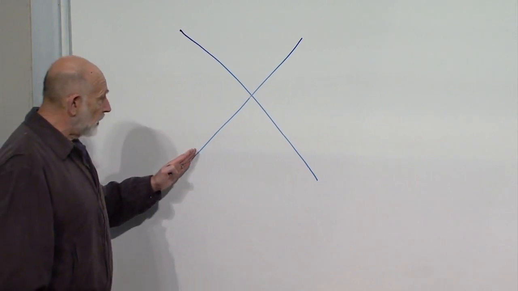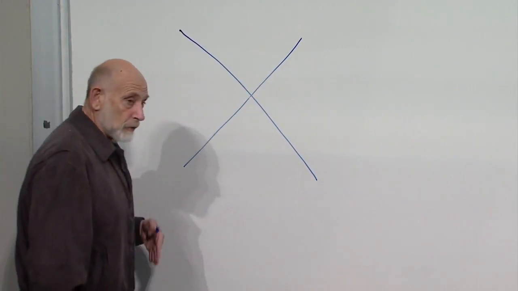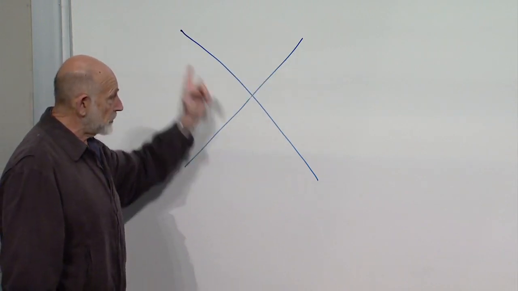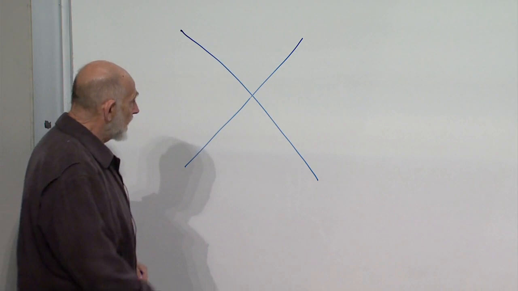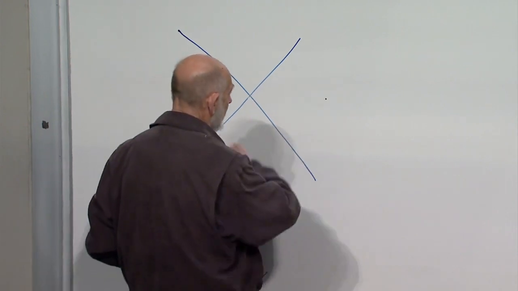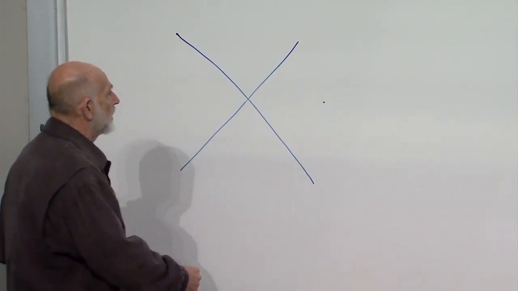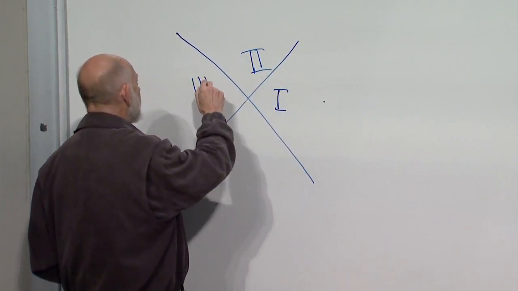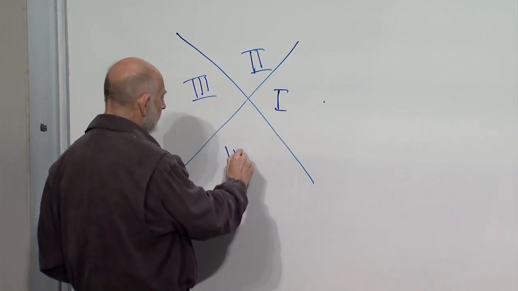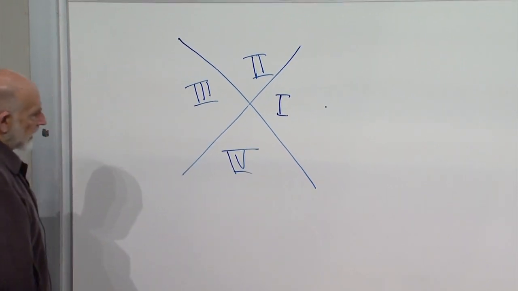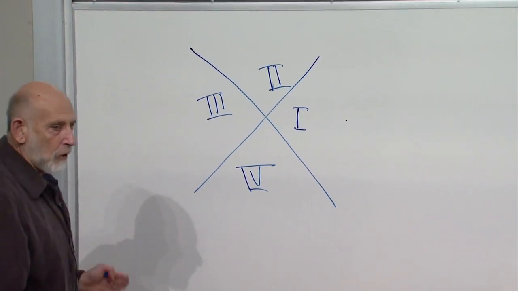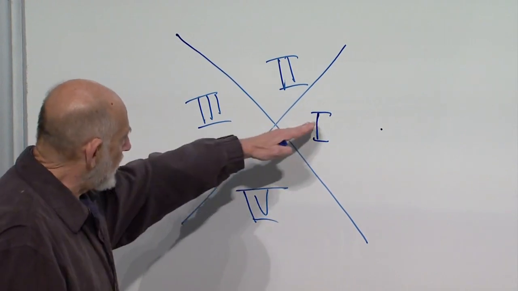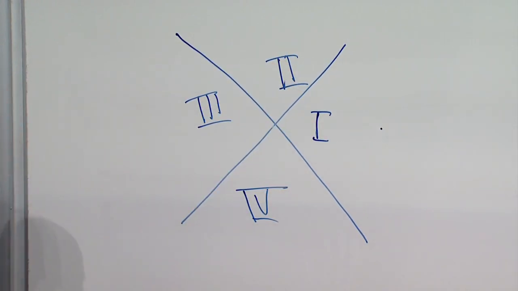The rule is, first of all, that 45-degree angles represent the motion of light rays either going in that direction or going in this direction. Somebody outside the black hole means out here in this quadrant. Let's label them quadrant 1, quadrant 2, quadrant 3, and quadrant 4. And as we're going to see, quadrant 3 and quadrant 4 really don't have any physical significance for a real black hole. It's quadrant 1 and quadrant 2 which have real significance.